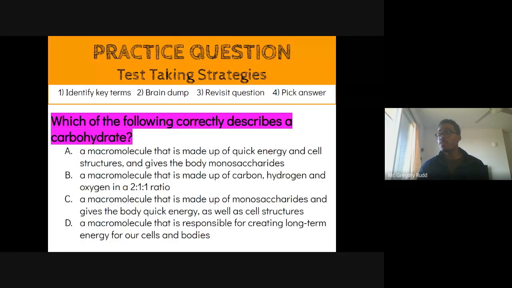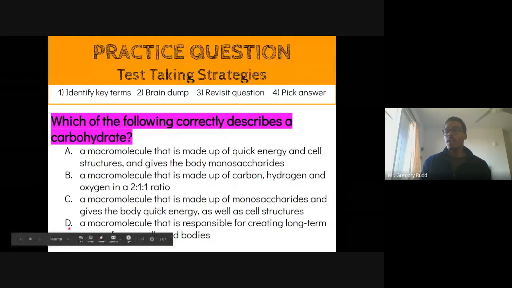So our brain dump was really useful because we were told that we should be including three things really, and all three of them came up in this answer choice. Number one, we were told that monosaccharides are the monomers that make up carbohydrates, and it says that right here. We were also told that carbohydrates provide quick energy.